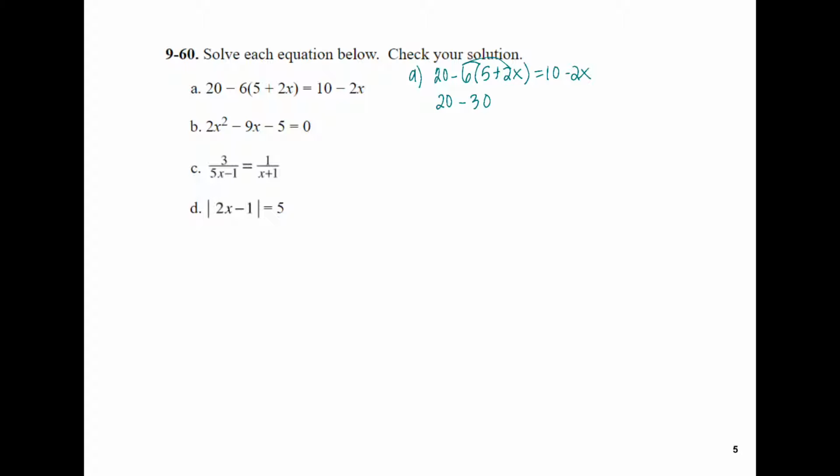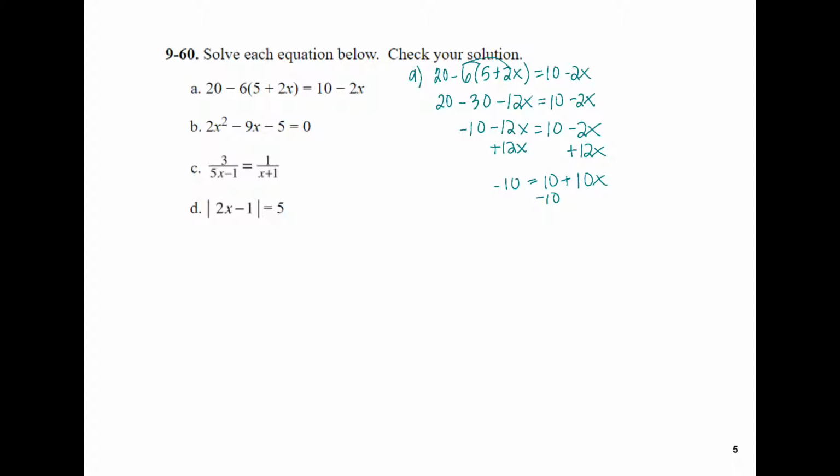Negative 6 times 2x is negative 12x. 20 minus 30 is negative 10. Inverse operation, I'm going to add my 12x. Remember, there's several things you can do, but you should still end up with the same answer.